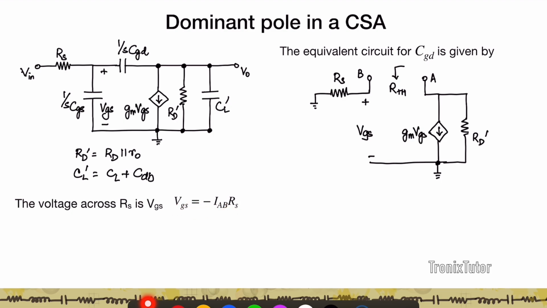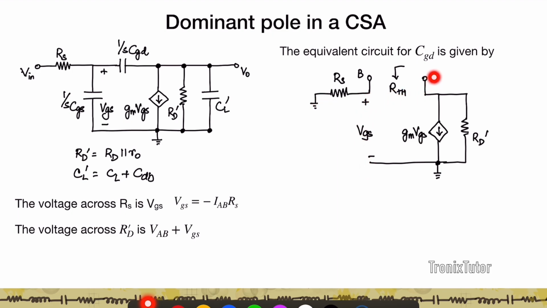So if you look at VGS, my VGS is given by minus IAB times Rs, because IAB is flowing from ground into node B. Similarly, if I look at the voltage between A and ground, the voltage at A is given by the voltage across Rs, which is VGS, plus VAB.